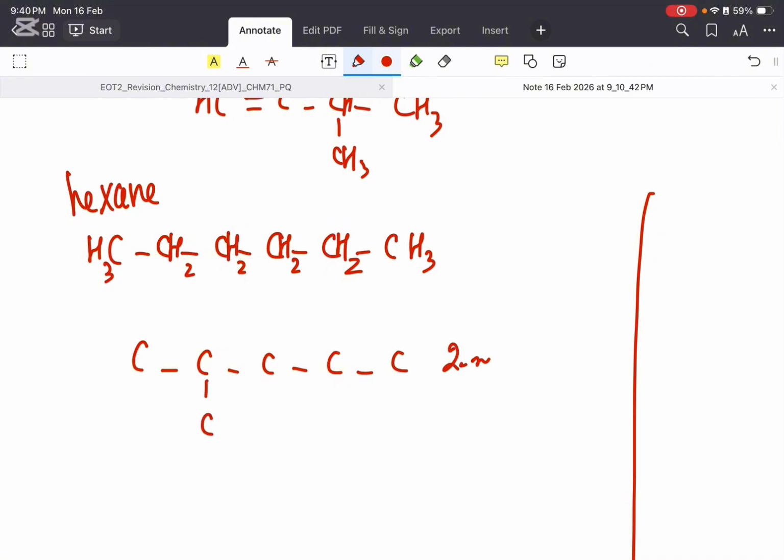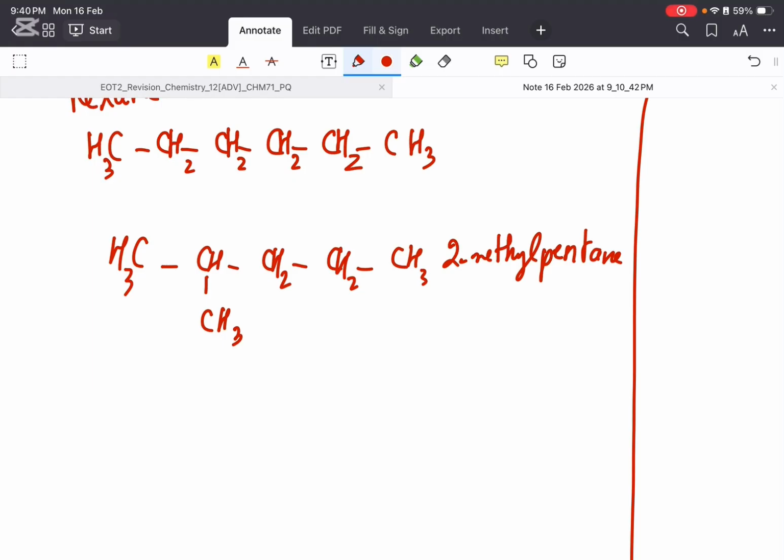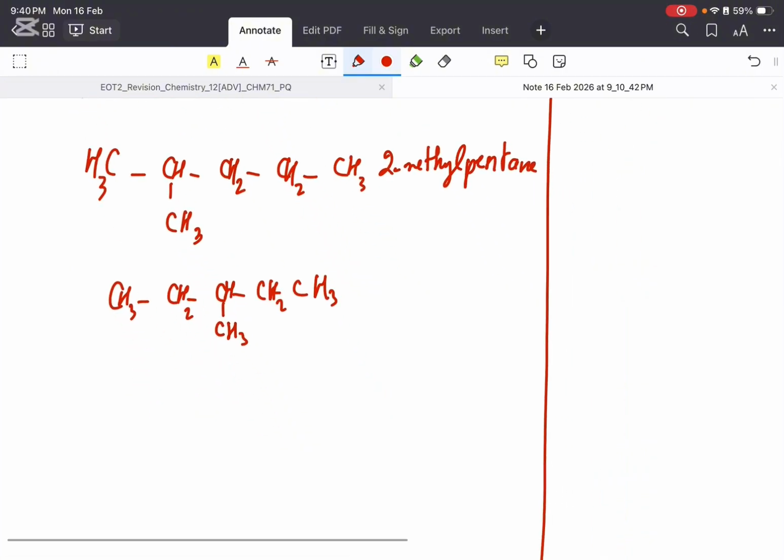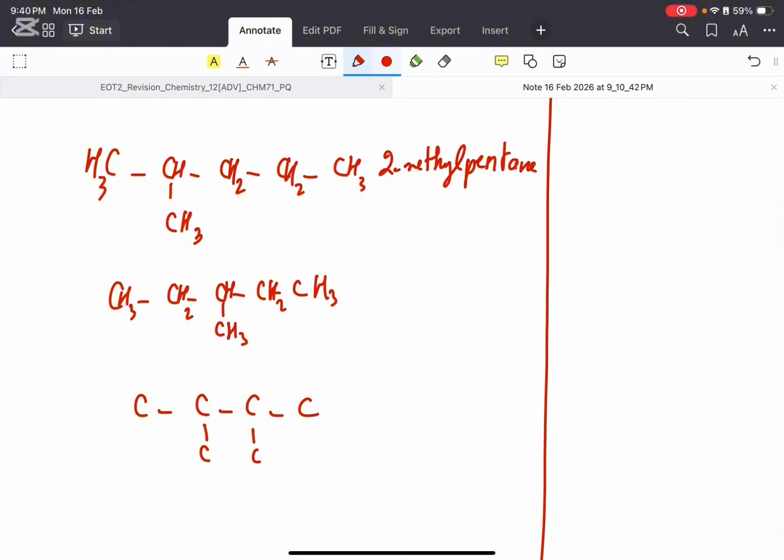So that is going to be 2-methyl pentane. Of course, don't forget the hydrogens. Or instead of 2-methyl pentane, why not 3-methyl pentane? Or maybe I don't want to do a pentane. Let's do 4-carbon chains and have branches next to each other.